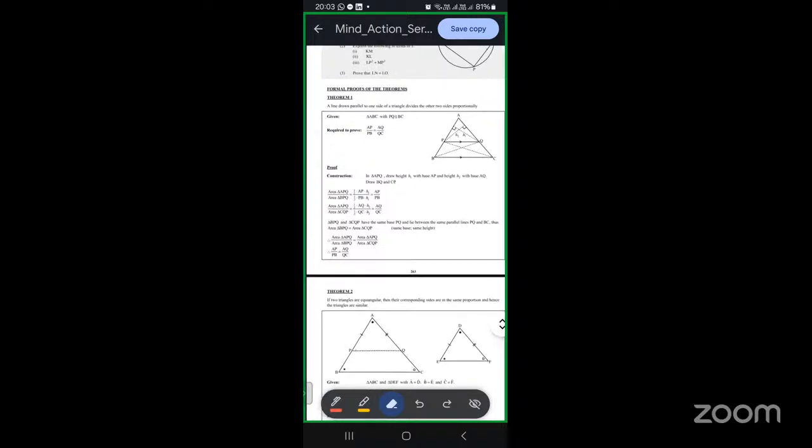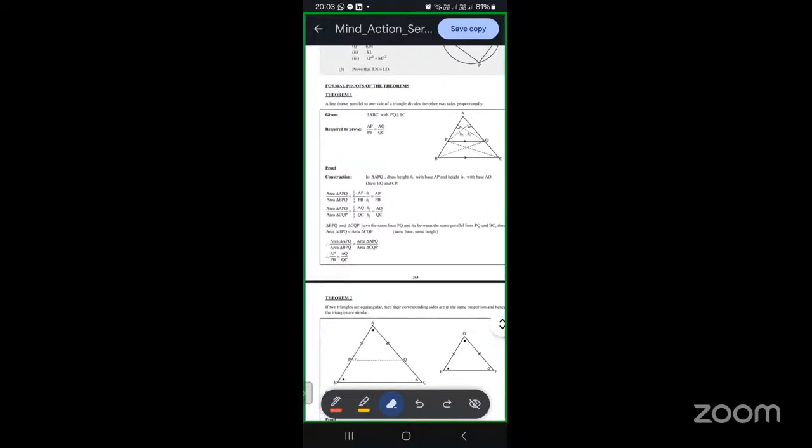Theorem 1 states that a line drawn parallel to one side of a triangle divides the other two sides proportionally. We are given this triangle ABC, and a line is drawn parallel to one side of the triangle. That line divides this side and this side proportionally.